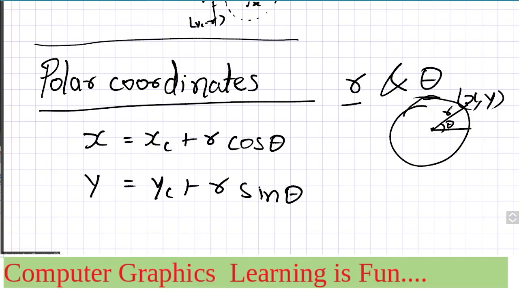Now here you have to consider what value of theta should be taken. This theta, if it is very small, then much computation will be needed, and if it is large enough, then some points may be left out, right. So, in case some points are left out, what is suggested is we can draw a straight line between them to make up the left out points in the circle. But still, one more thing that is given is that theta can be taken as 1 by r.